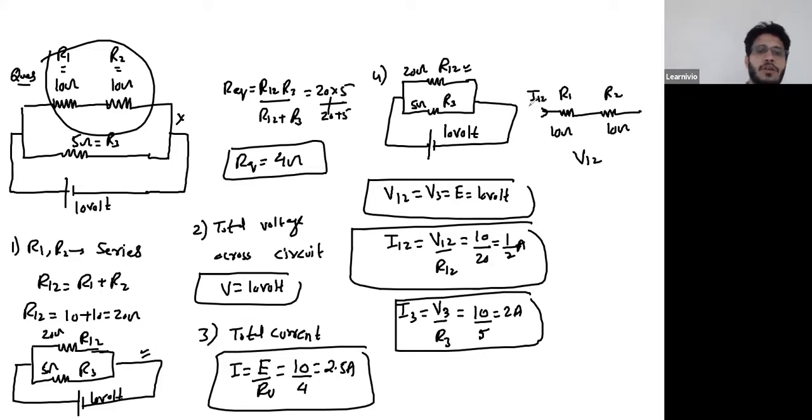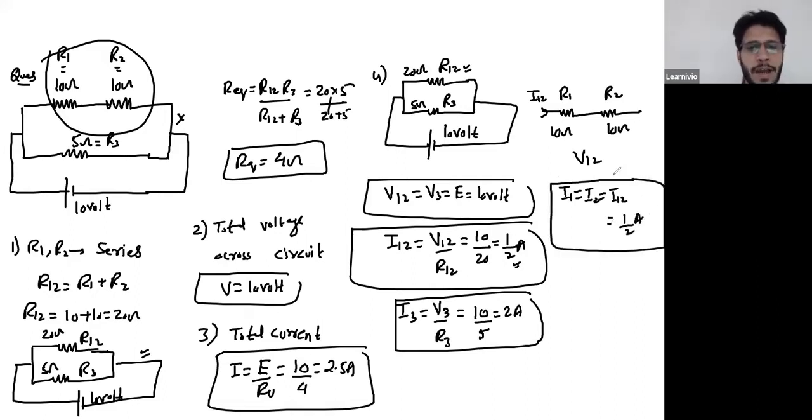So Juvena, which quantity is the same in R1 and R2, voltage or current? Current is the same. How much is I12? I12 is half ampere. So you can say that I1 and I2, the current through each resistor, is equal to the I12 current, which is half ampere.